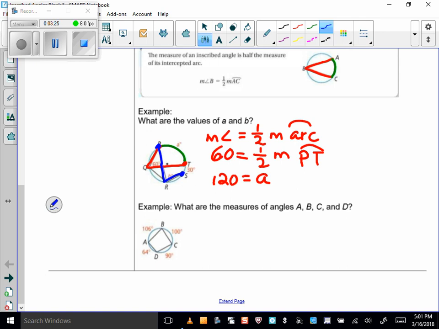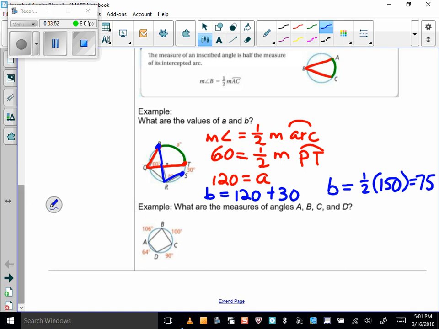Well, it intercepts A and then 30 degrees more. So that's the measure of arc PT, which is A, 120, plus 30. Therefore, B equals 1/2 of 150. So that's 75.